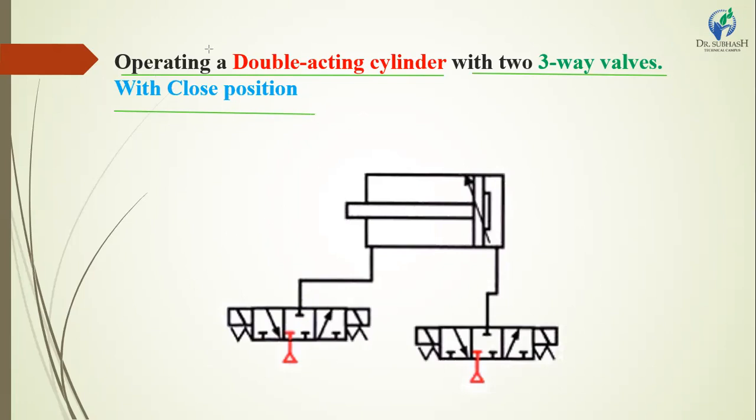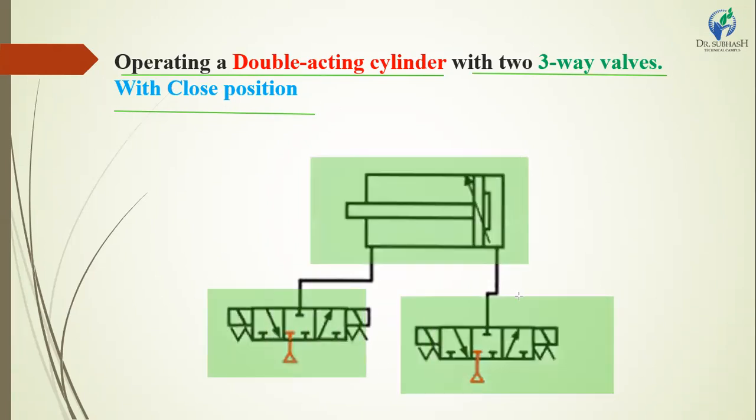In this 3 by 2 valve circuit, valve 1, valve 2 and the double acting cylinder are shown. We have already studied the positions for extending and retract conditions in our previous slide, but here we require the stop condition.